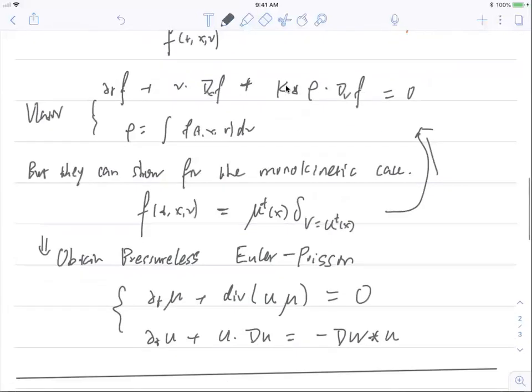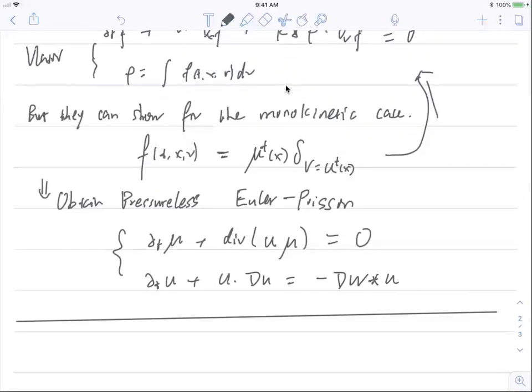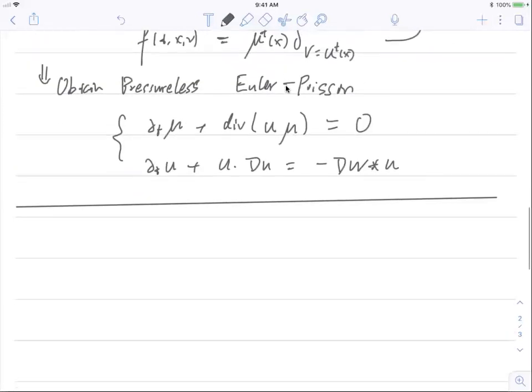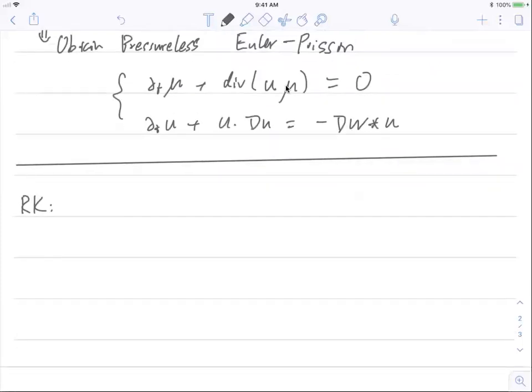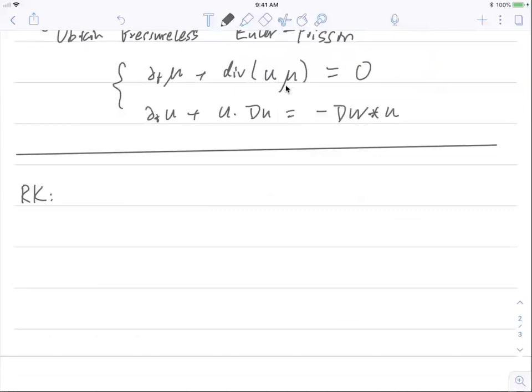Okay. I want to point out a remark. Usually the Newton dynamics is a Hamiltonian system.